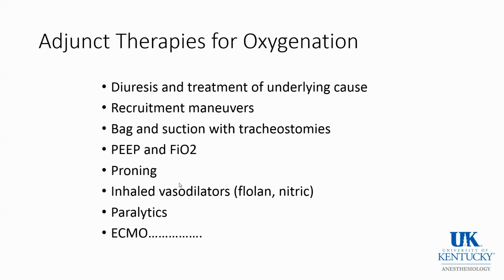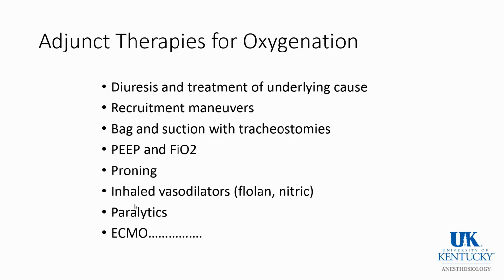Proning we talked about. Inhaled vasodilators, so Flolan and nitric. These things selectively vasodilate the ventilated alveoli, so you improve your VQ matching there and decrease your shunt fraction. It draws blood effectively towards the ventilated alveoli.